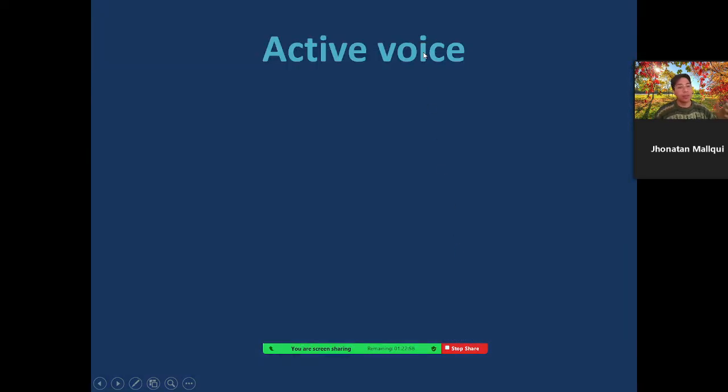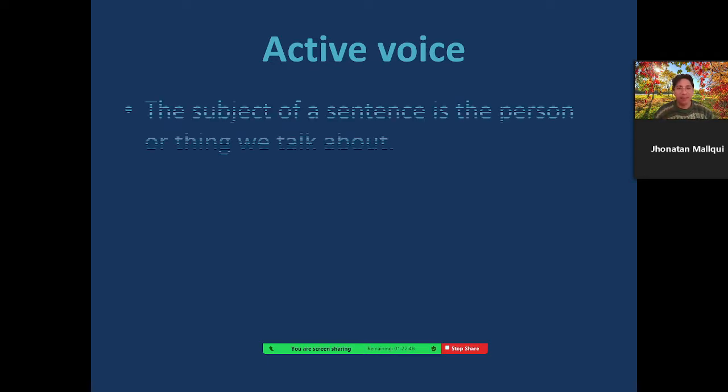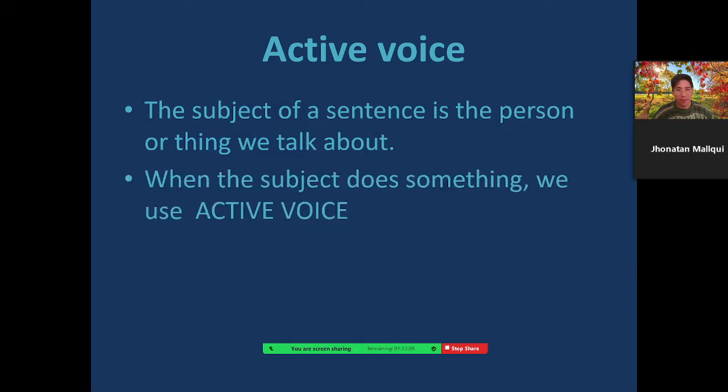So, of course, in English, we have the active and the passive, okay? We normally use the active voice every day. In the active voice, the subject of a sentence is the person or thing we talk about. When the subject does something, we use active voice.